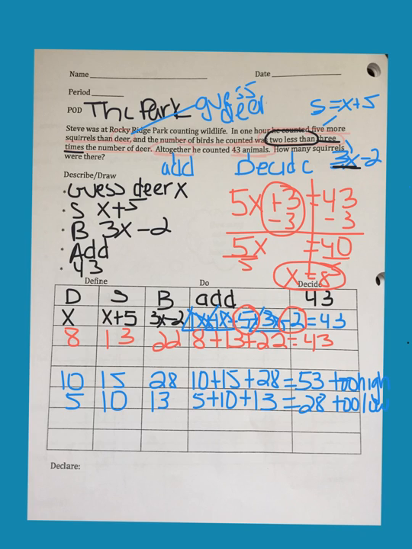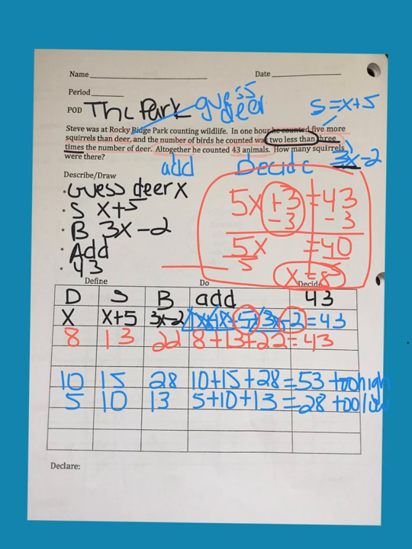So taking a look at the equation first, if we look up here, the first thing I did is I subtracted 3 from both sides since we added 3 last. And I'm left with 5x is equal to 40. Then I divided both sides by 5 and x equals 8.